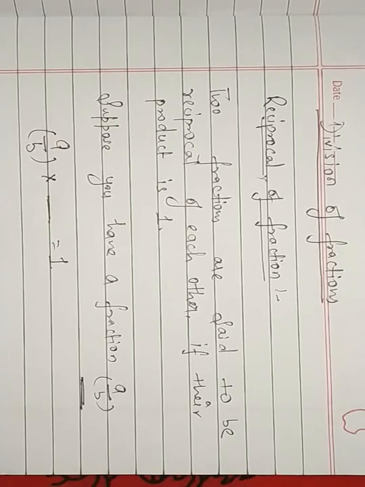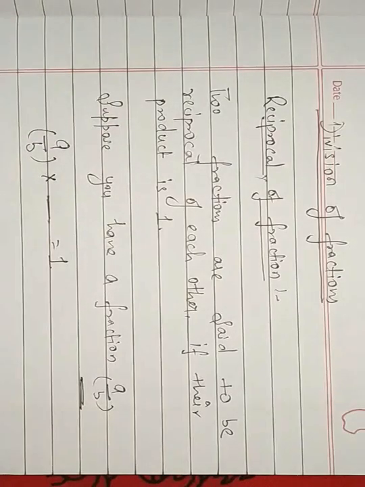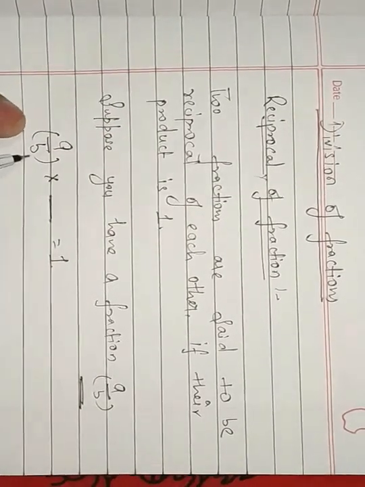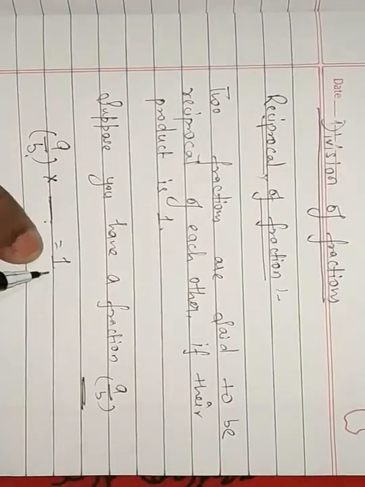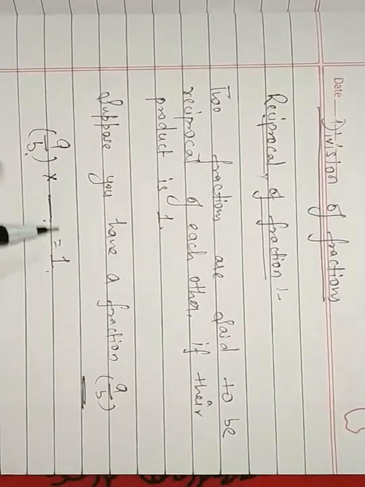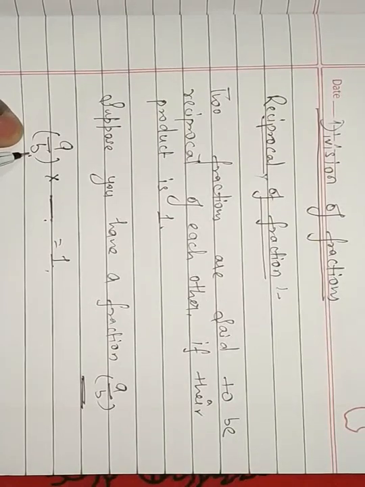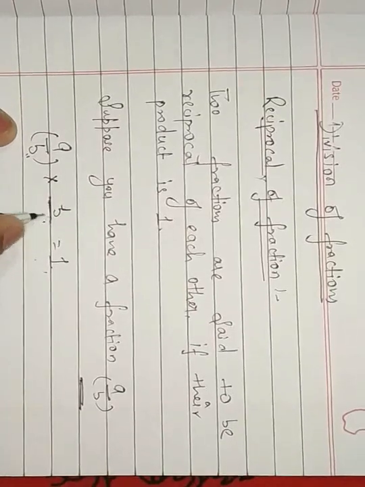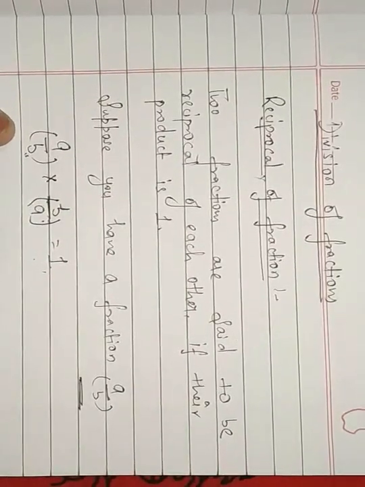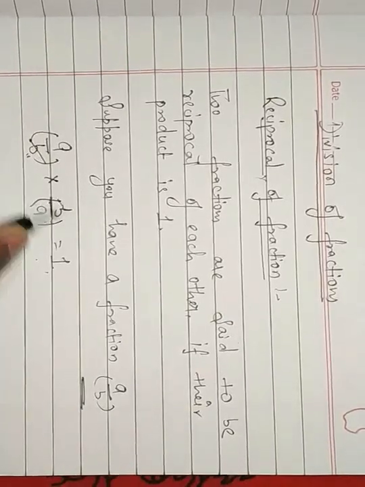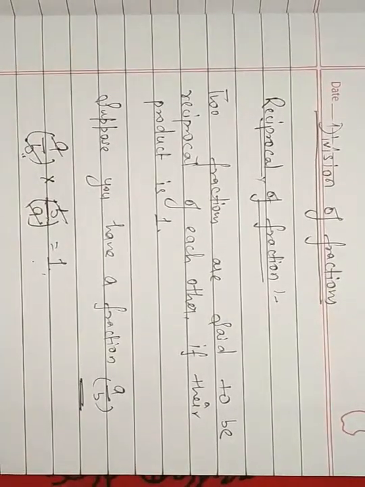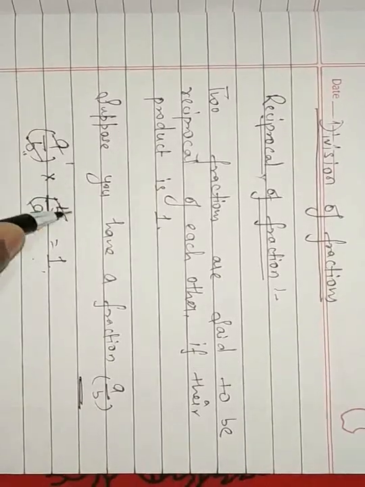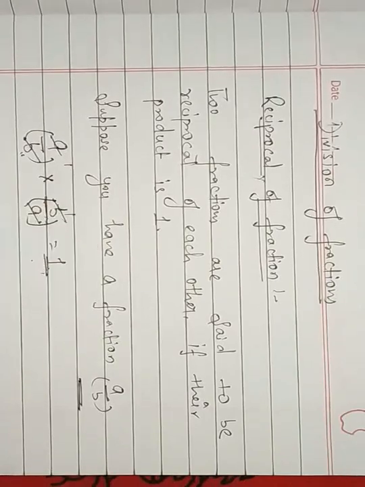To obtain the reciprocal of any number, we have a rule that if we multiply the fraction with that number, the result should be 1. So if I ask you, what should I multiply to a upon b to get 1? You can say its reciprocal, that is b by a. Why b by a? Because b will cancel b and a will cancel a. So the result will be 1. So this is the reciprocal of the fraction.